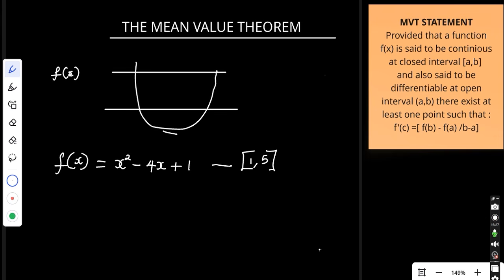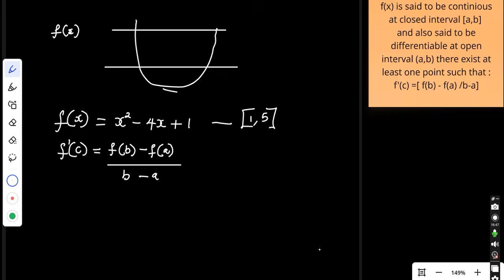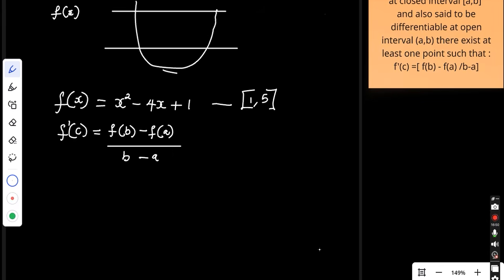So I'll start with the formula that says that f prime of c is equal to f of b minus f of a over b minus a. So let us find f prime of c. But before finding f prime of c, we need to find f of c.